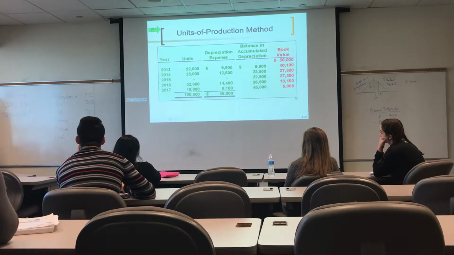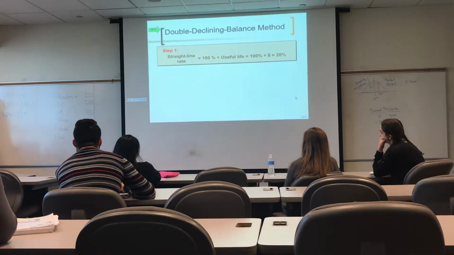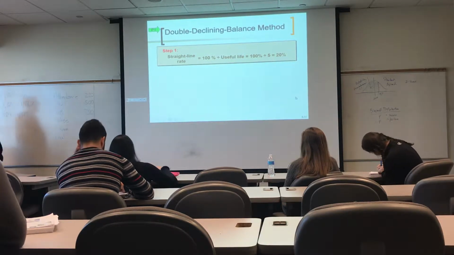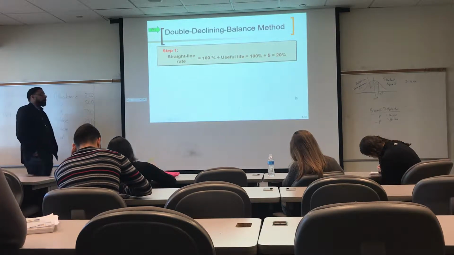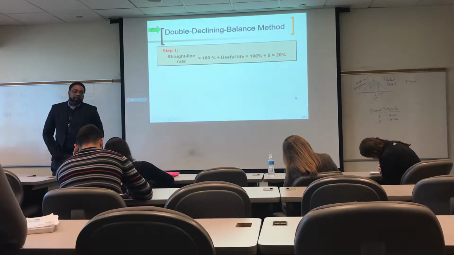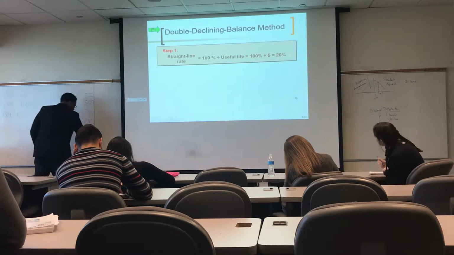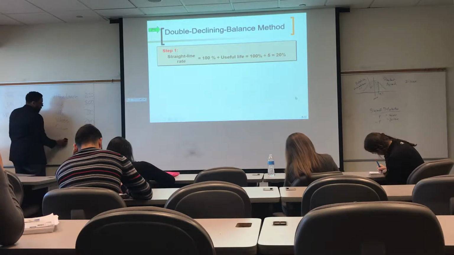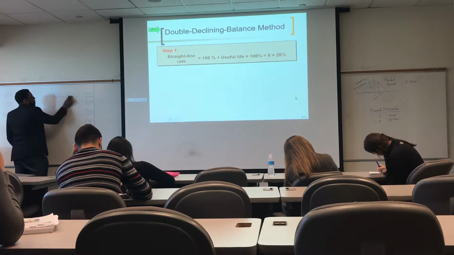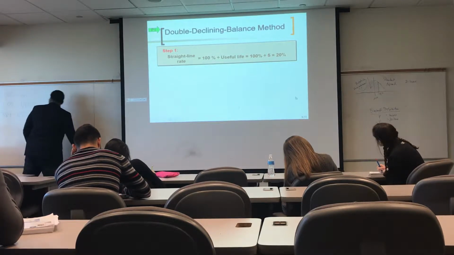Last but not least is double declining depreciation. Double declining depreciation is an accelerated depreciation method. Right? Sometimes what you see over time is accelerated depreciation. So think about your cell phone, right?